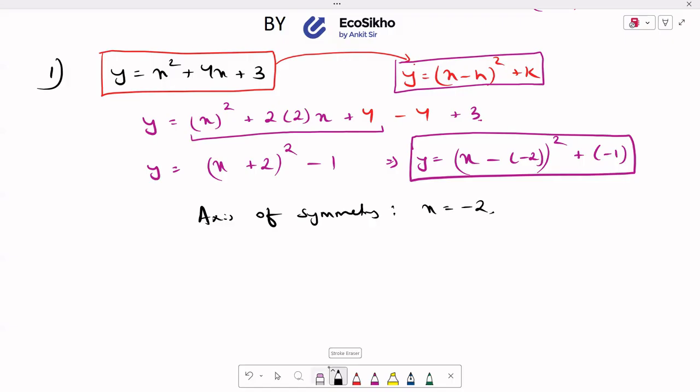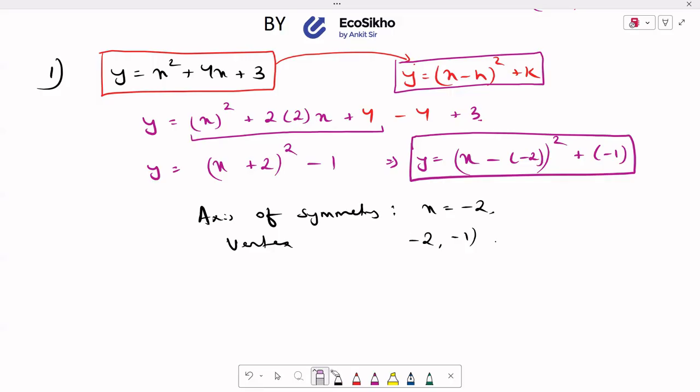Axis of symmetry is a line that divides my parabola into two equal halves. That should be the equation for the axis of symmetry. I should know that the vertex over here should be minus 2 and minus 1.